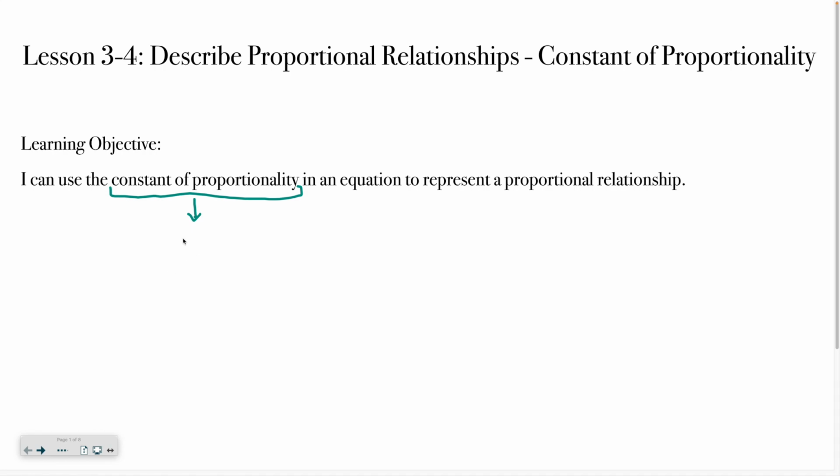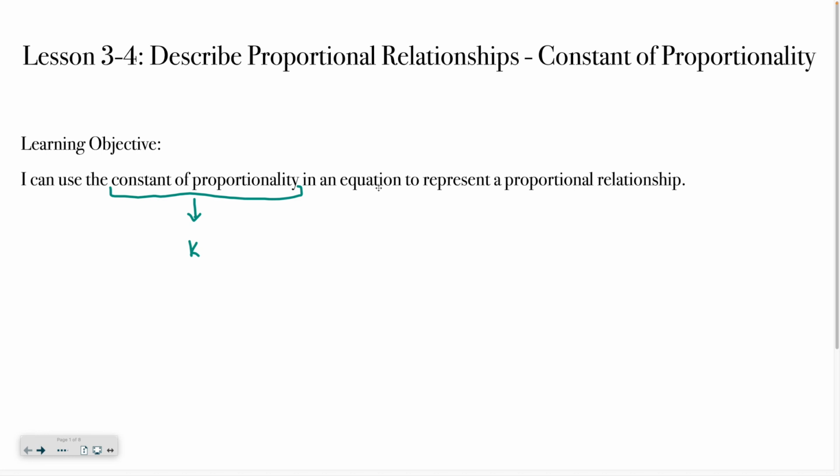One thing to note here is we are going to use a variable, a very specific letter, to represent the constant of proportionality. And remember, a variable's only job is to represent an unknown value, so an unknown number, okay? So don't let the letters scare you. All it is, it's a placeholder for a number that we have not found yet.